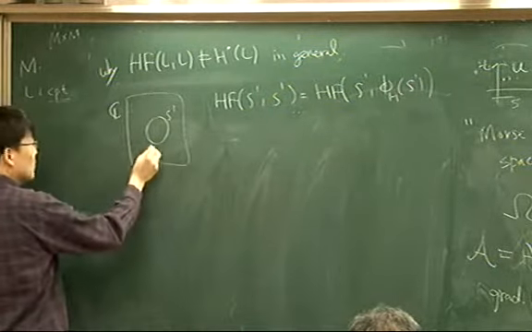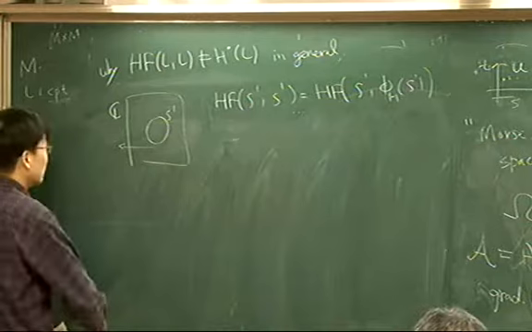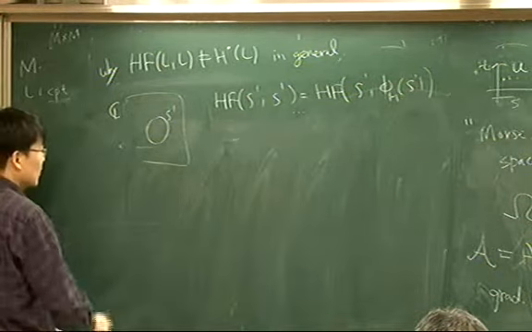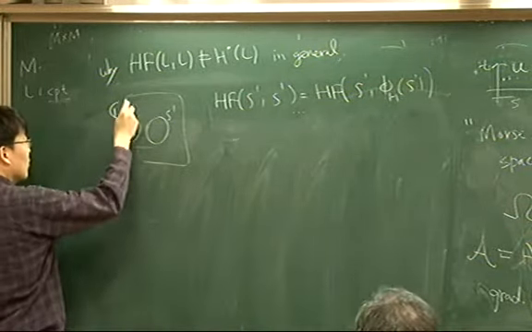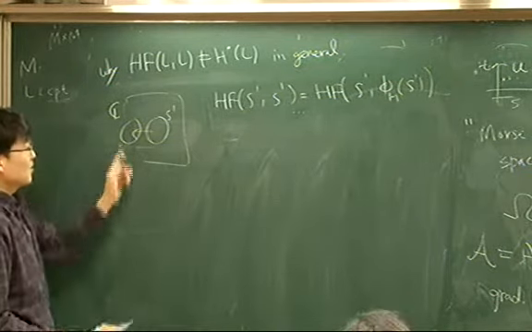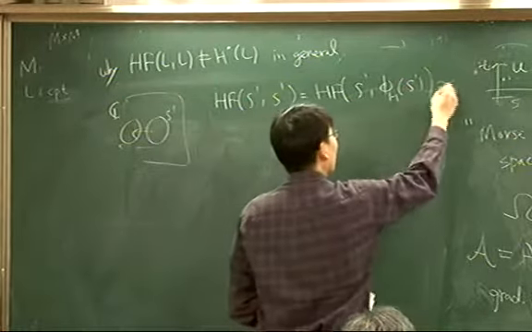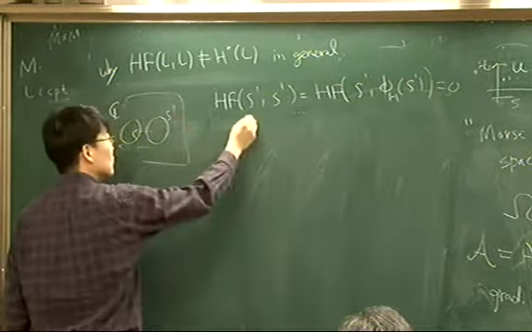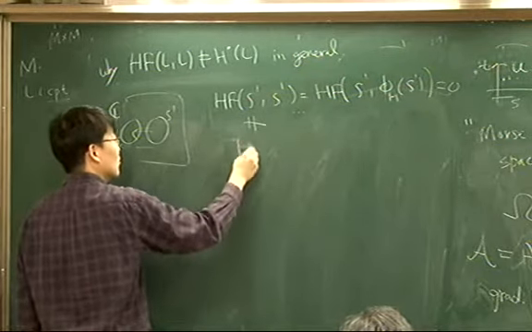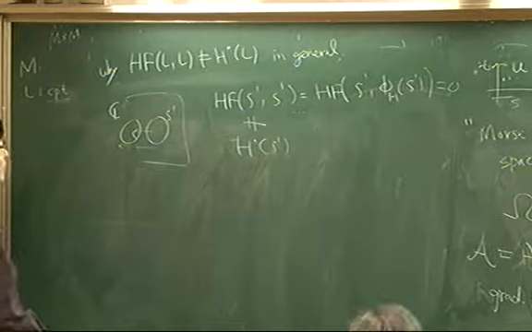You can move your circle by just translation, obviously. They don't have any intersection, so this is just 0. So this cannot be isomorphic to the homology of S1.